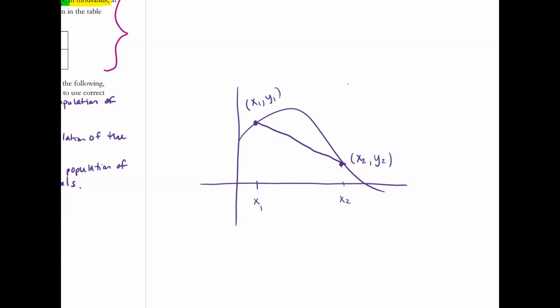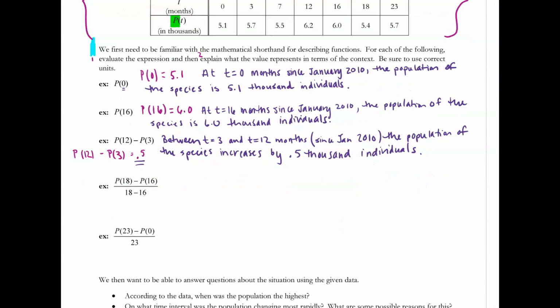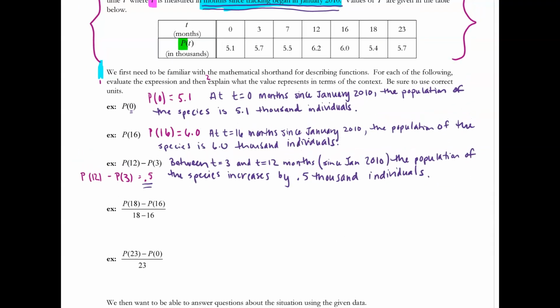So if you remember back from algebra, slope is just your change in y over your change in x. So when we go back to this problem over here, these are y values, so to speak, because it's the output. When we insert particular values of t to our independent variable, we get this output of p.